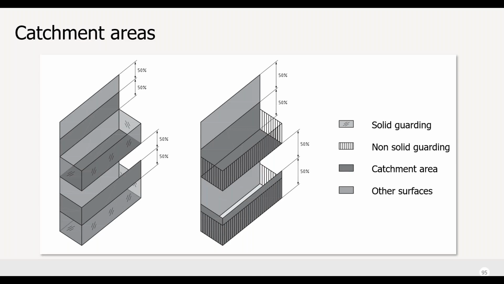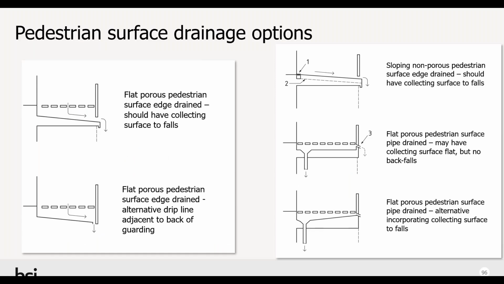Next slide, please. You can see that a great deal of detail has been put into this to make sure that the drainage options all slope away from the door or into a drainage outlet.